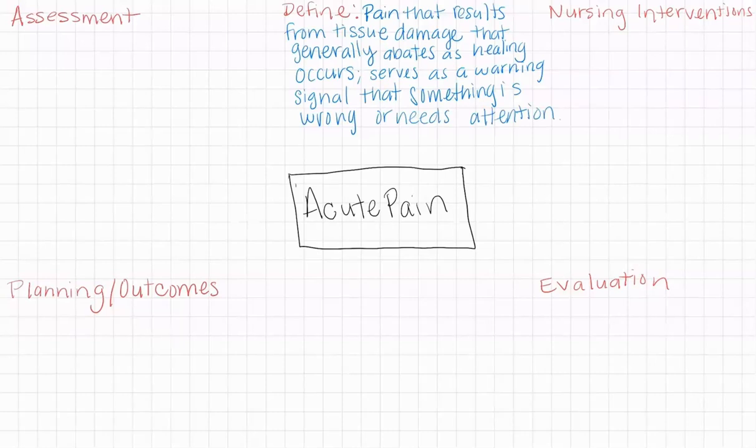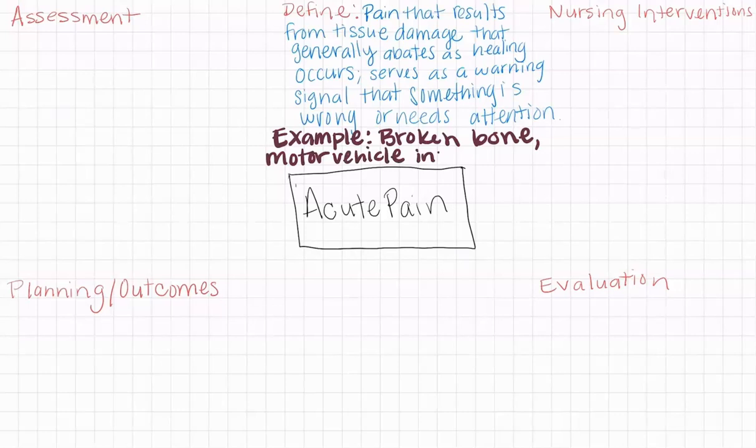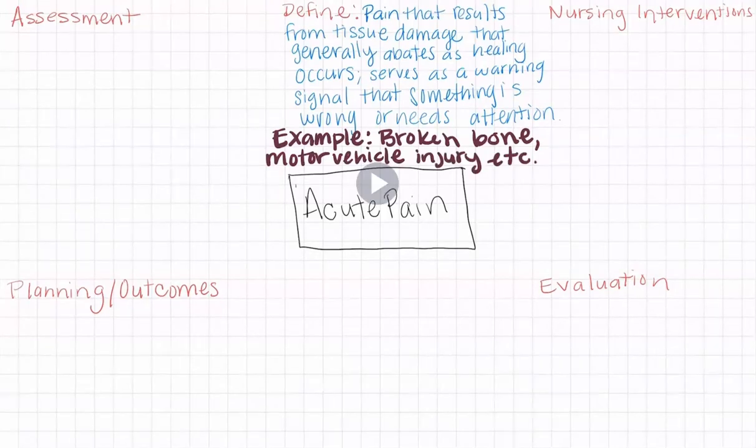Think of, for example, a broken bone or when a motor vehicle accident occurs. So typically when a broken bone or motor vehicle accident occurs, we know that it's acute, it's going to be fast onset, it might be more severe, and it will have great effects on the patient and their body.